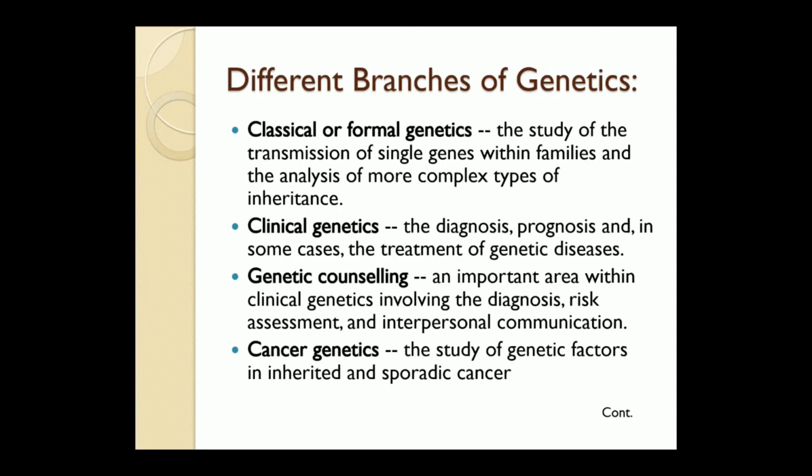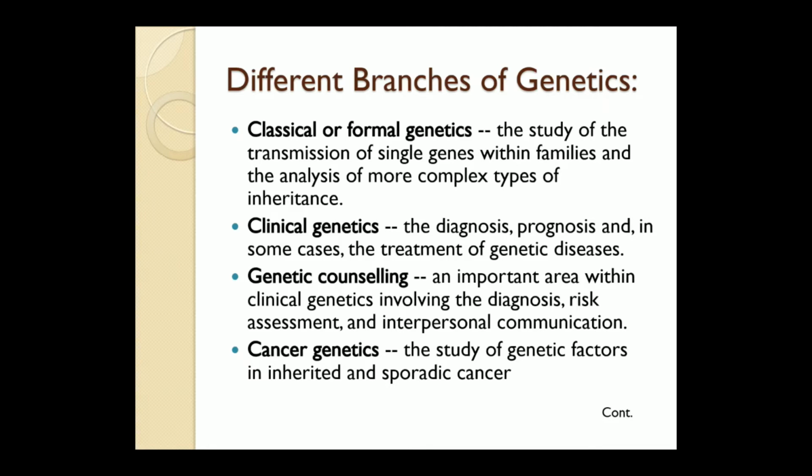So now we are just looking at a glance. There are different branches of genetics. Number one is classical or formal genetics, with which we will start our course, and that part is mainly restricted to Mendelian genetics.